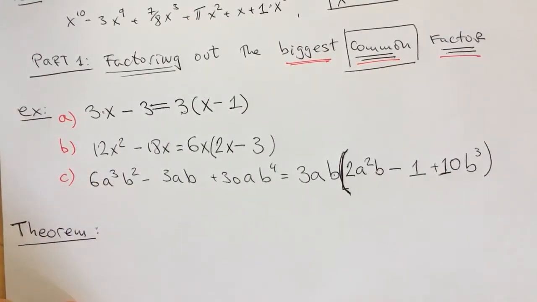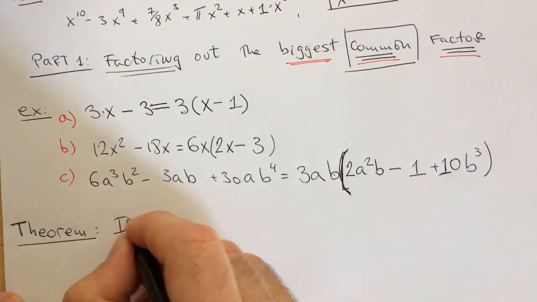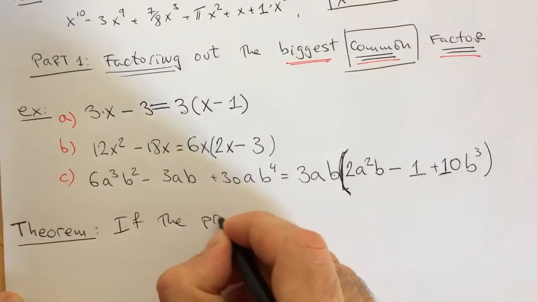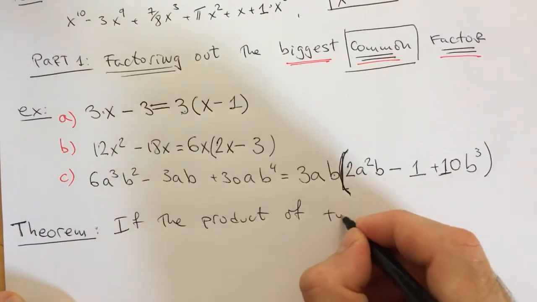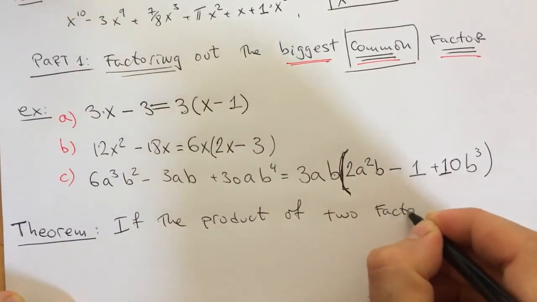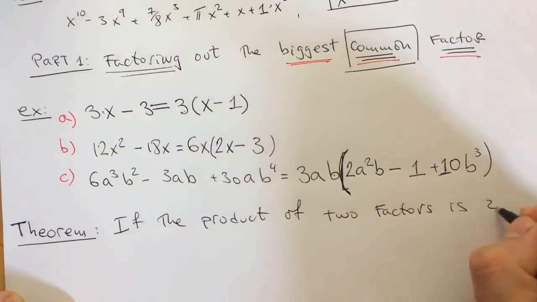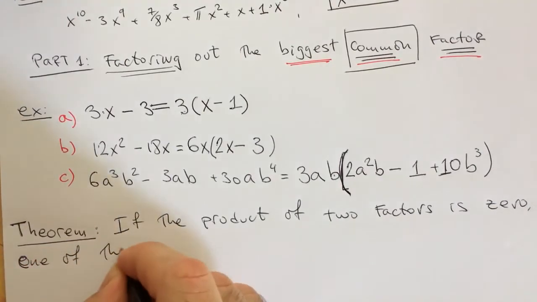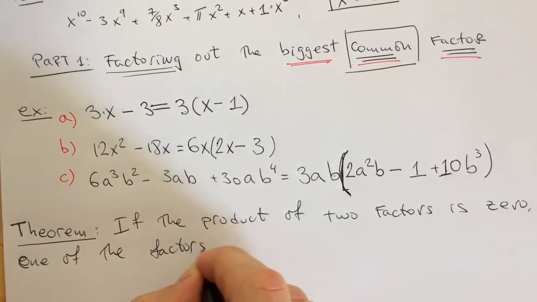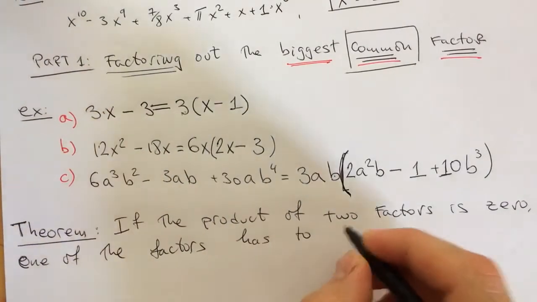Okay, so the theorem is that if the product of two factors is 0, then one of the factors has to be 0.